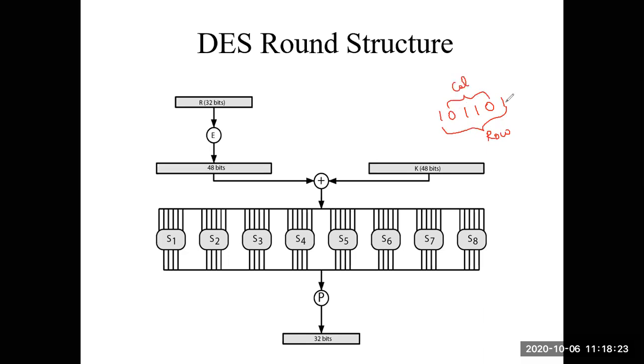So since I have 2 bits for the row, 2 squared, or 4 rows are available in S boxes, and 2 power 4, 4 bits for the column, 16 columns will be present in the S box which we have defined. Okay, that's what I showed you in the next slide.